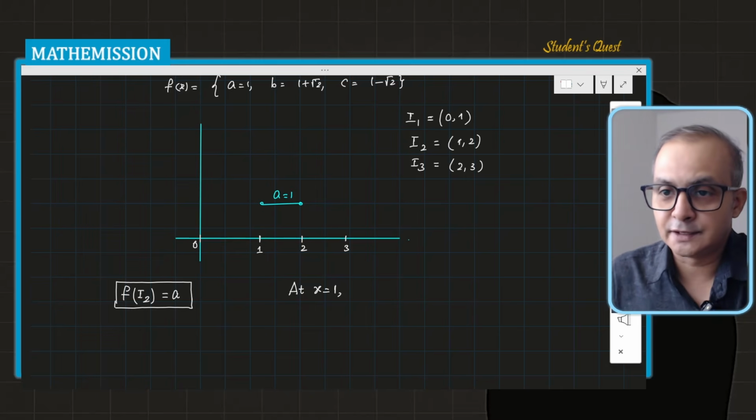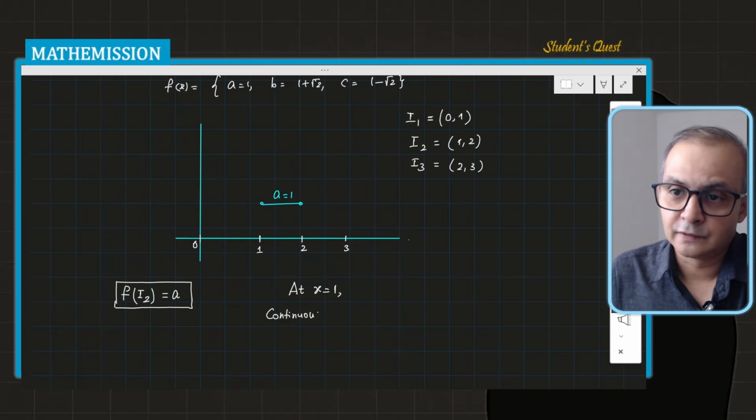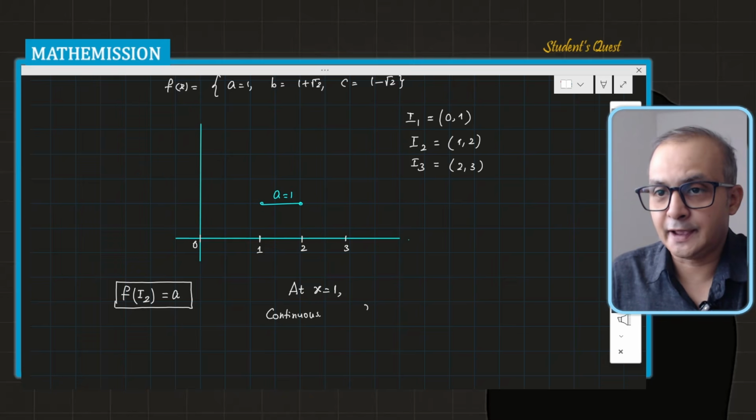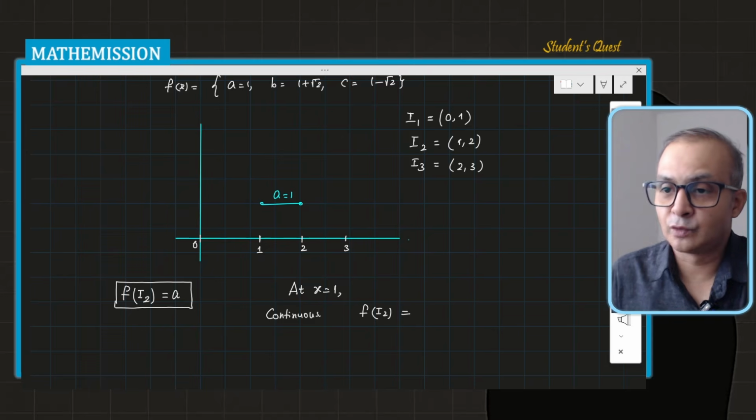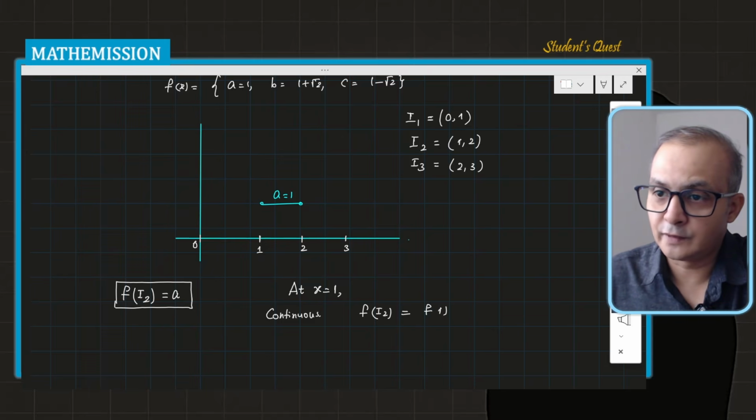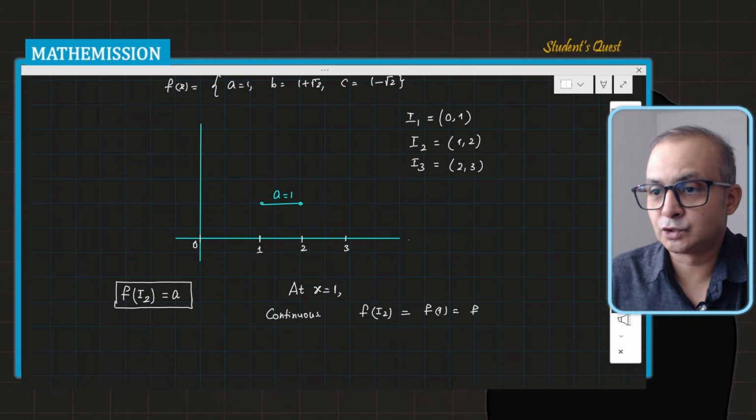It is continuous when the f(I2) value is equal to the f(1) value, which is equal to the f(I1) value.